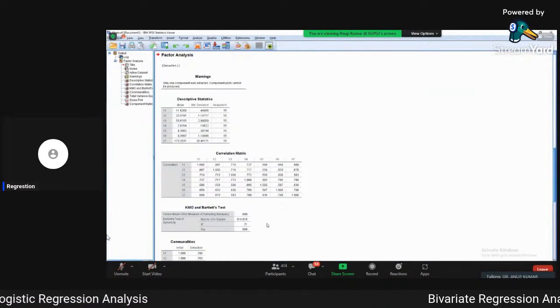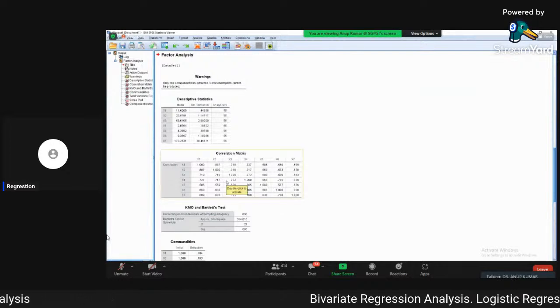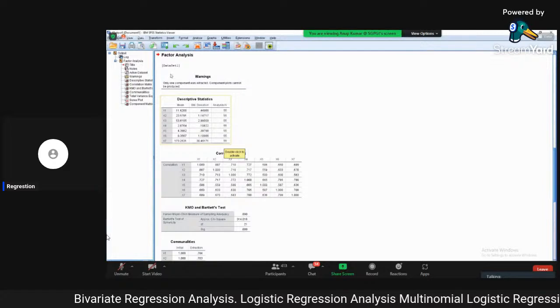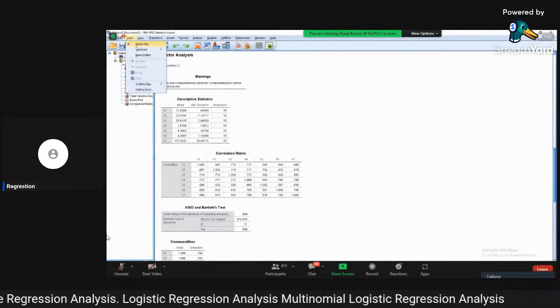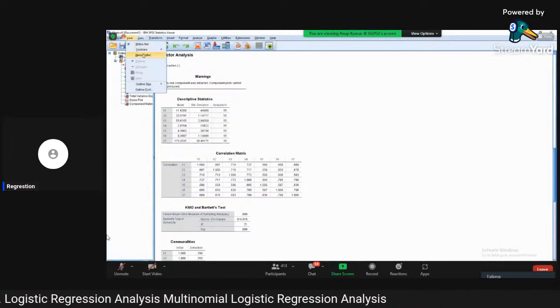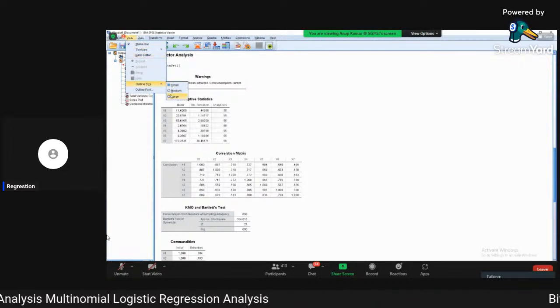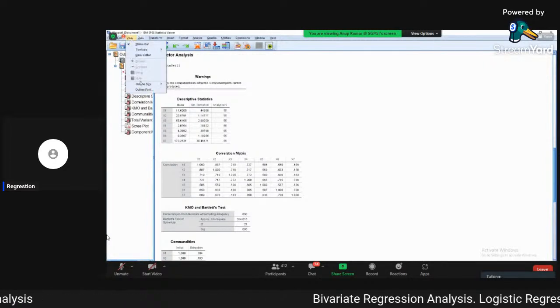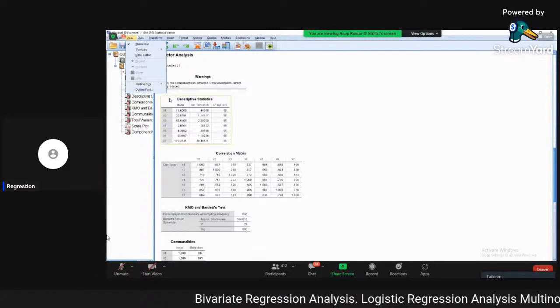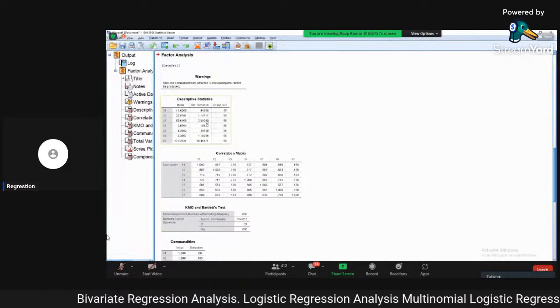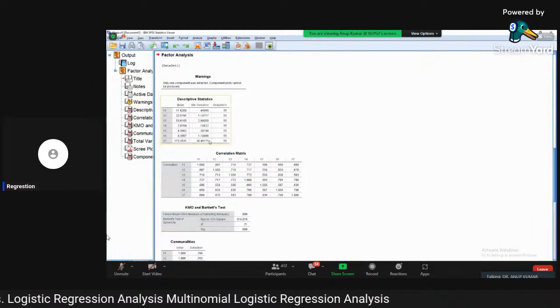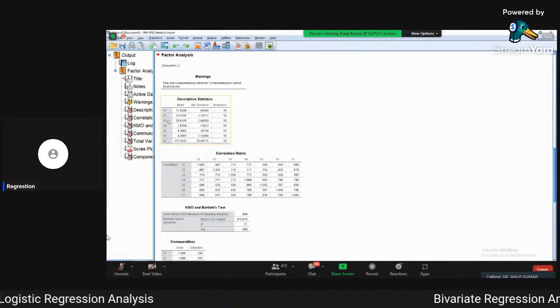Now, what is this output displaying? So this first table is actually the mean of x1, x2, x3.